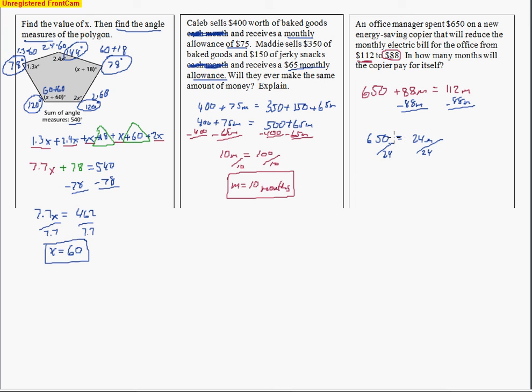And once I do that, I'm left with 27.083 repeated. And so I can't have 27.08 repeated months, because I want to find out in how many months will the copier pay for itself. So I'm going to go ahead and say, well, 27 months it has not paid for itself, so if it's a whole increment of months, I would say 28 months the copier has paid for itself. So I'm going to go with that.